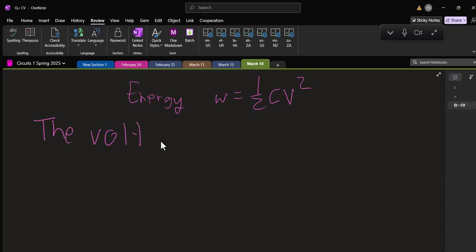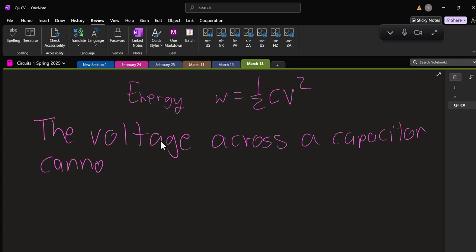The voltage across a capacitor cannot change instantaneously.